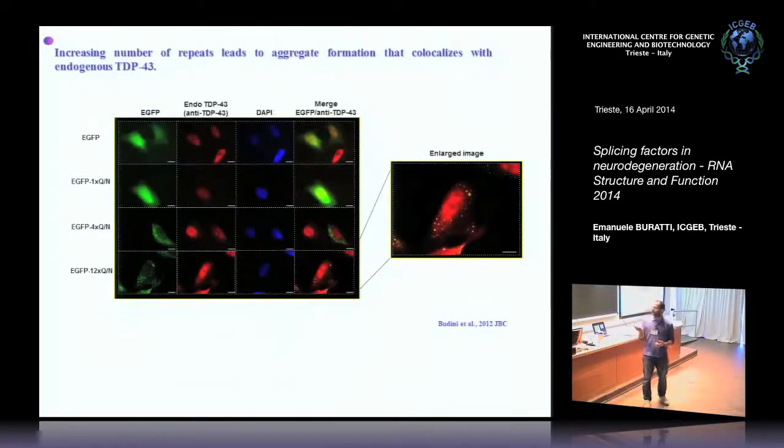And you can see it better here, where you see in green the EGFP 12QN that is making all these small punctate aggregates in the cytoplasm. But if you co-transfect the cells that are expressing this 12QN with a flag Tdp-43, what you can see is that the 12QN aggregates can actually trap the endogenous Tdp-43 and flag Tdp-43 inside the aggregates.